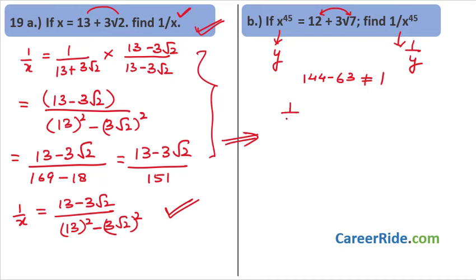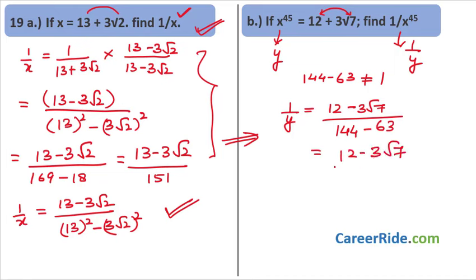So 1 upon y in this case becomes 12 minus 3 root 7 divided by 144 minus 63. So this is equal to 12 minus 3 root 7 upon 81. Sorry, 144 minus 63 is 81, and that gives 12 minus 3 root 7 upon 81.